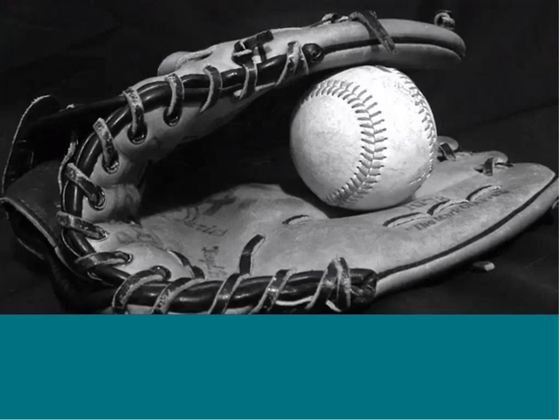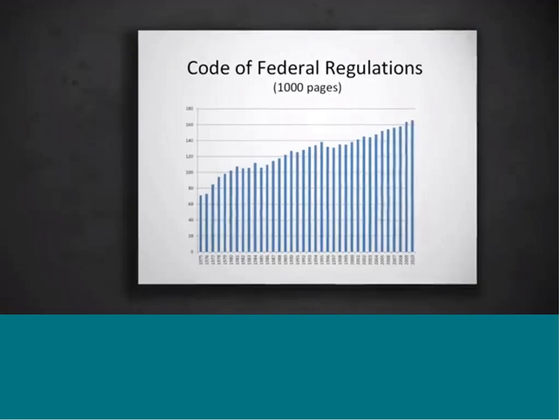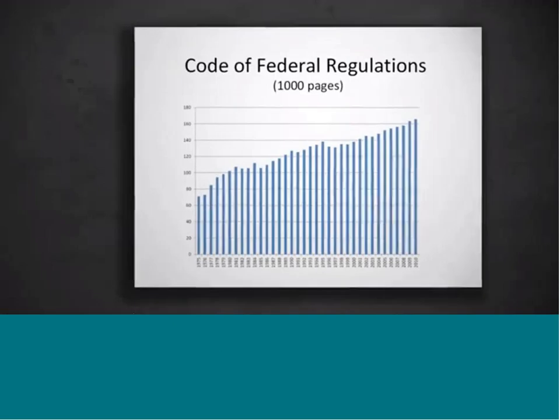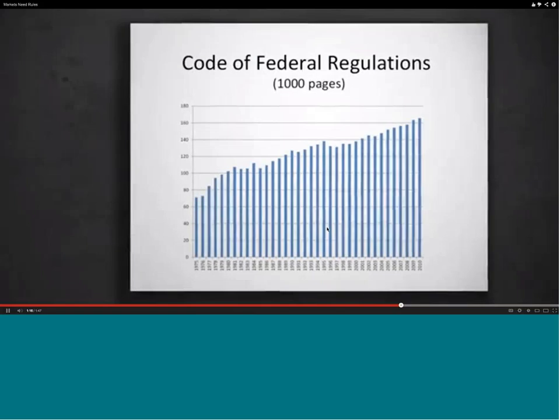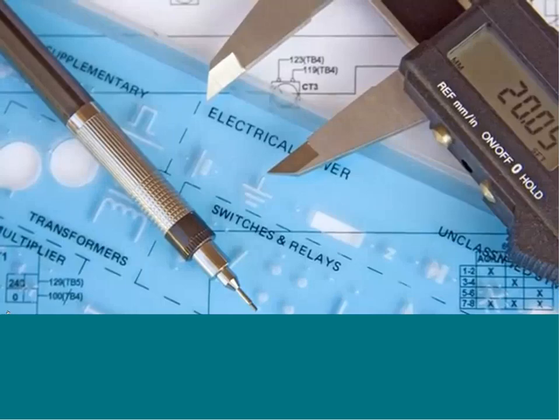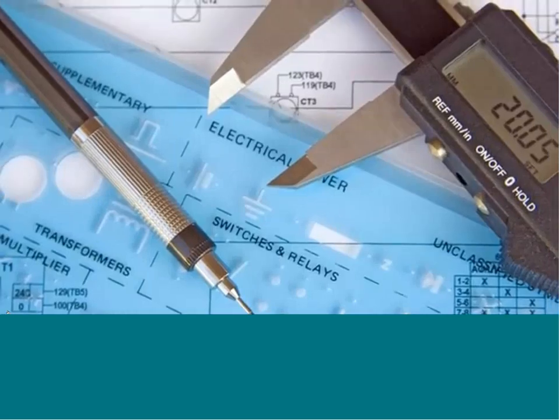In the last decade alone, we've seen a 20% increase in the Code of Federal Regulations. That's the number of pages in the Code of laws that we have to comply with. That just means that our resources are spent influencing those regulations, influencing how they're written, influencing how they're enforced, instead of spent creating and innovating products that meet society's demands. And that's what leads to crony capitalism, the rent seeking, rather than playing the game.